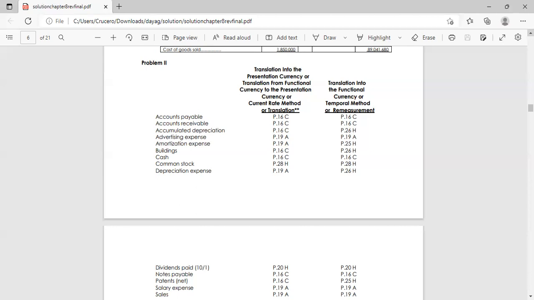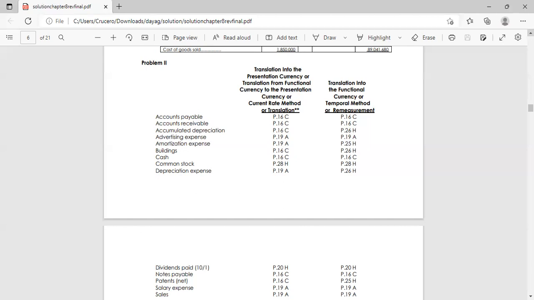Now we understand that your accumulated depreciation is attached to, here we have only one fixed depreciable asset, and it is buildings. Attached to buildings is accumulated depreciation, and building being non-monetary, we are going to use the current or the closing rate.